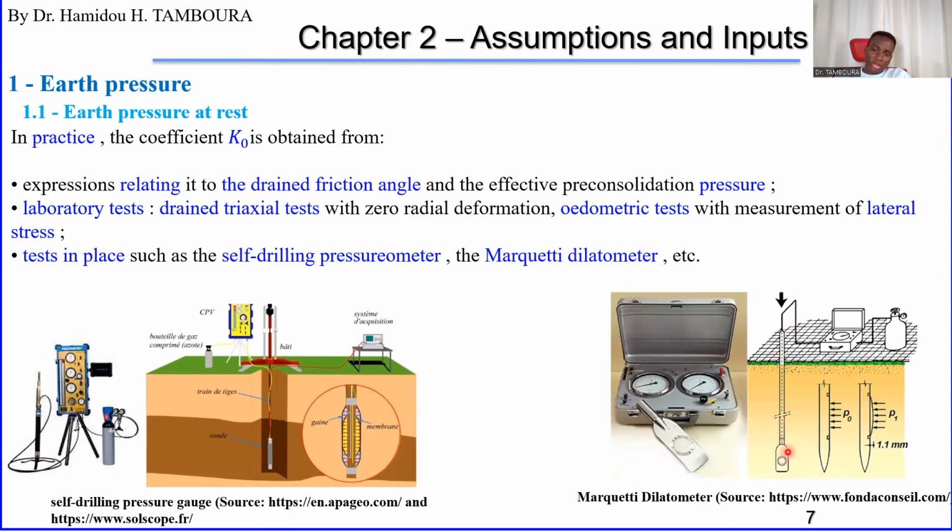After inserting, for every, I think 20 or 25 centimeters, I'm not sure, you measure the pressure necessary to displace 1 millimeter or 1.1 millimeter.